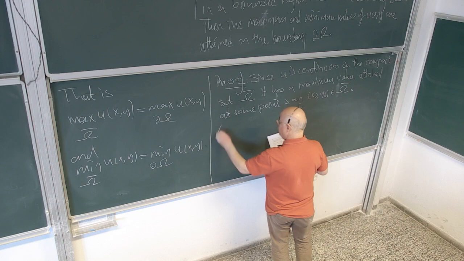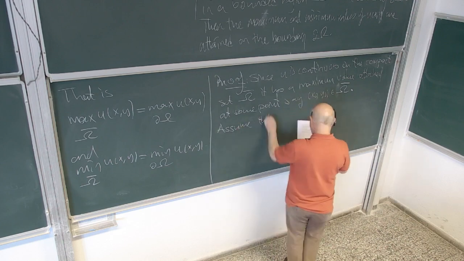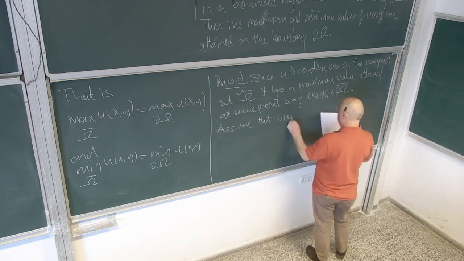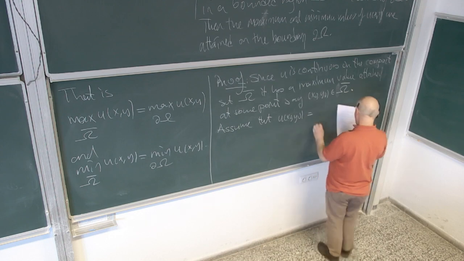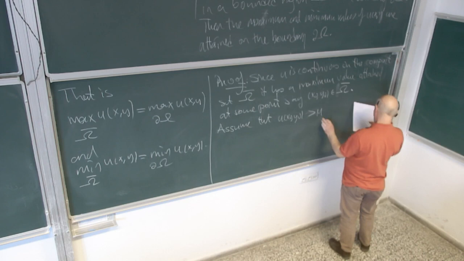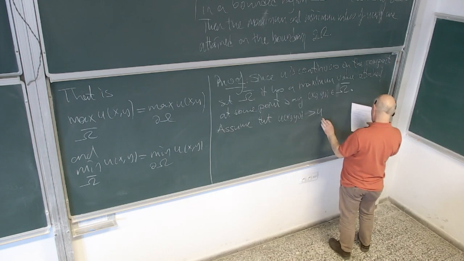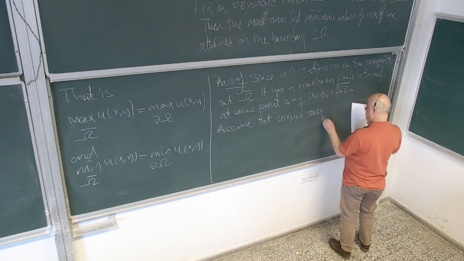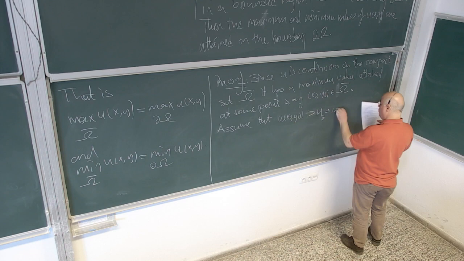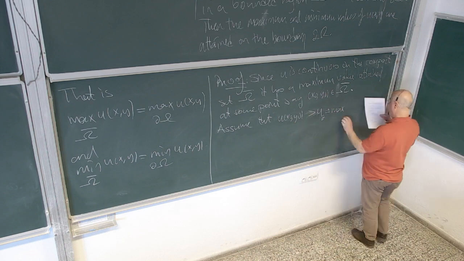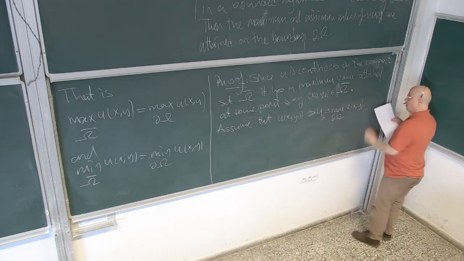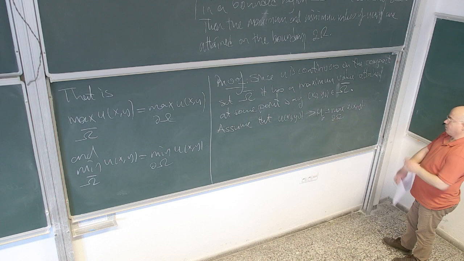Assume that this value u x0 y0, the maximum value, is larger than mb, which is just the maximum of u on the boundary. Tamam, bunu kabul edelim.